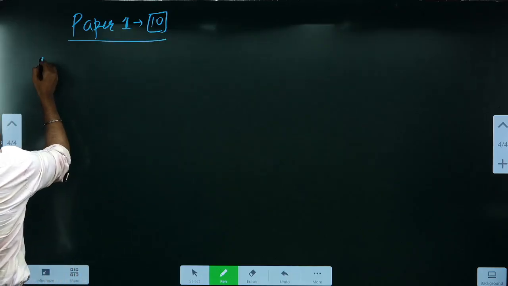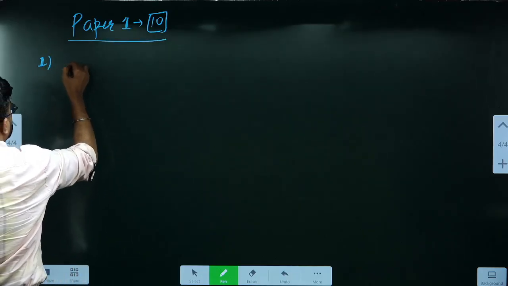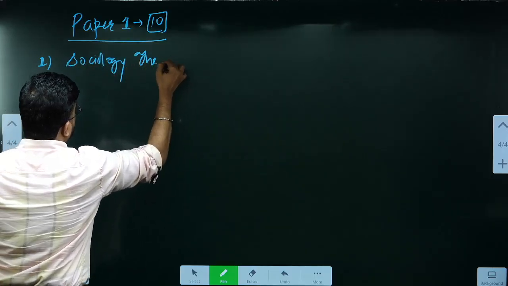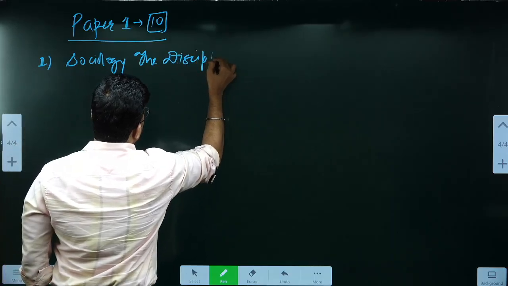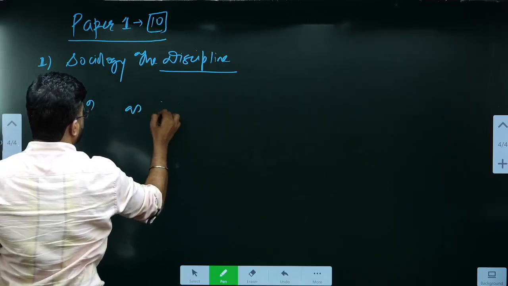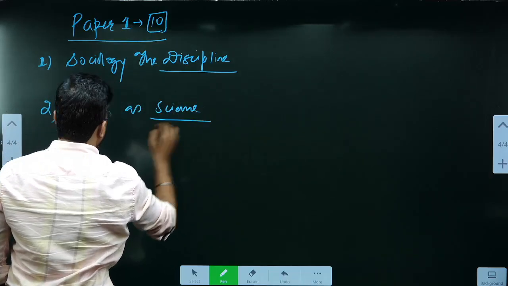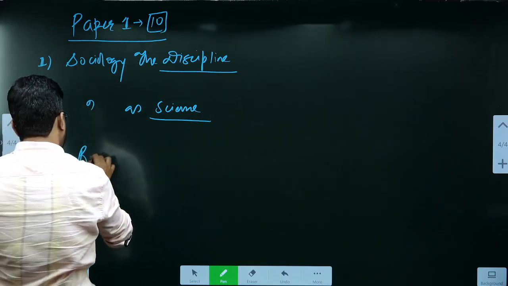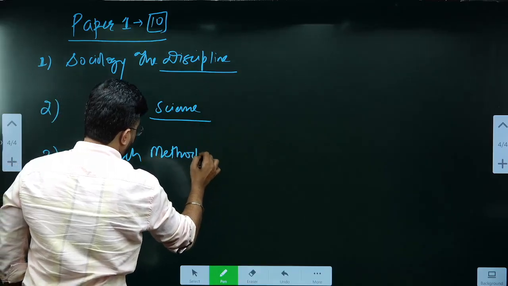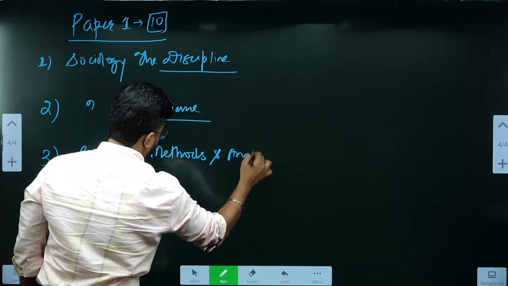So the first chapter is about sociology, the discipline. Second, sociology as science. And third, research methods and analysis.